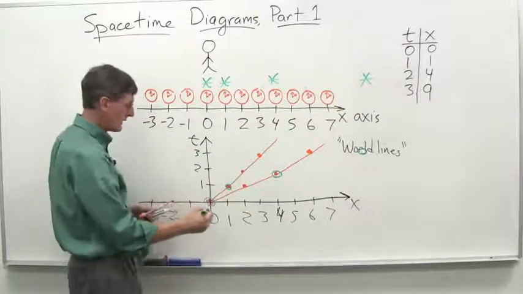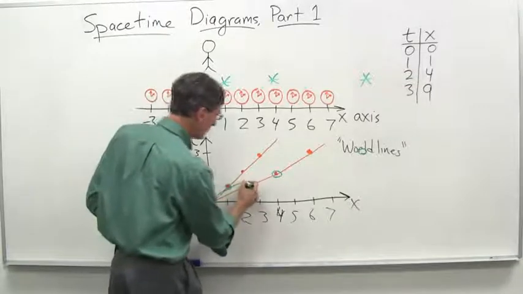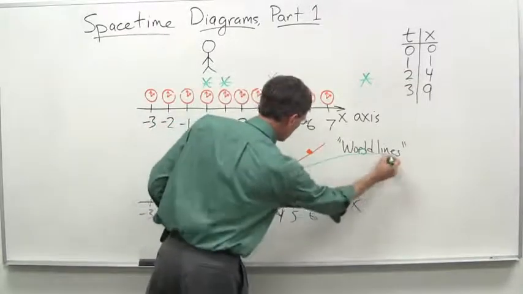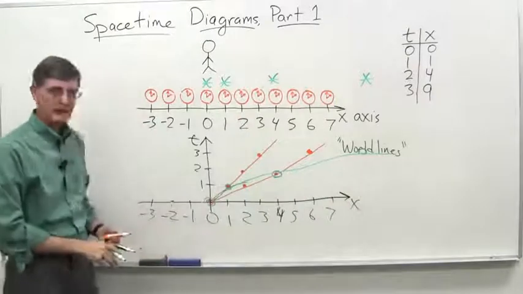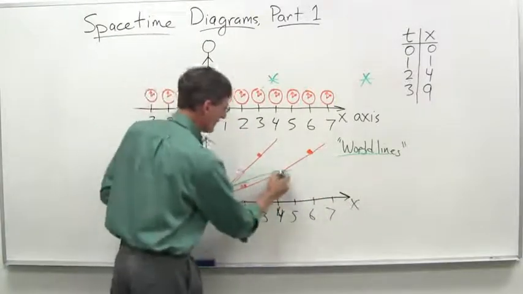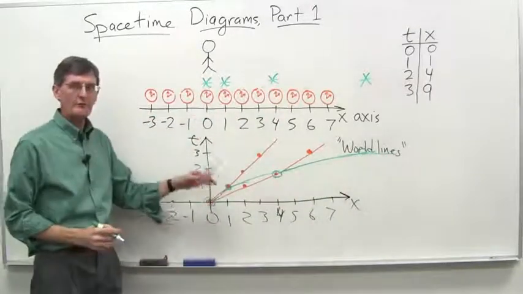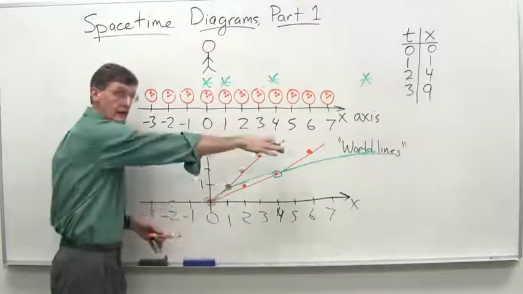And if we were to draw a line through that, it looks something like this, roughly speaking. Well, not quite like that. Hard to draw that. Point being is it would not be a straight line. It'd be a curved line.